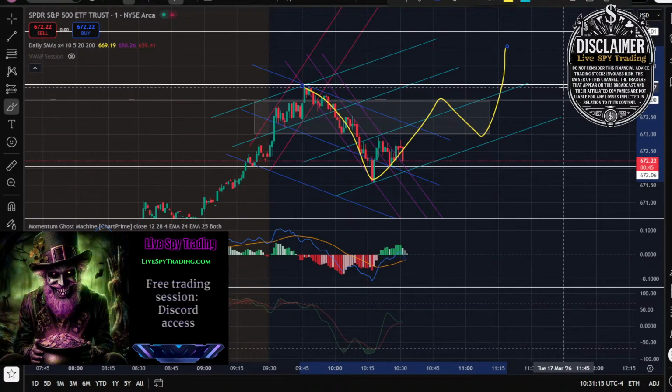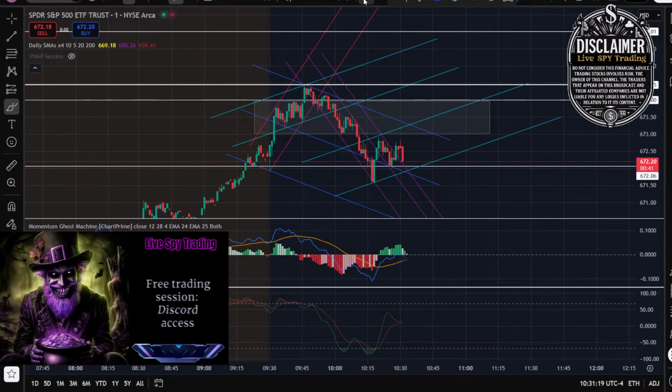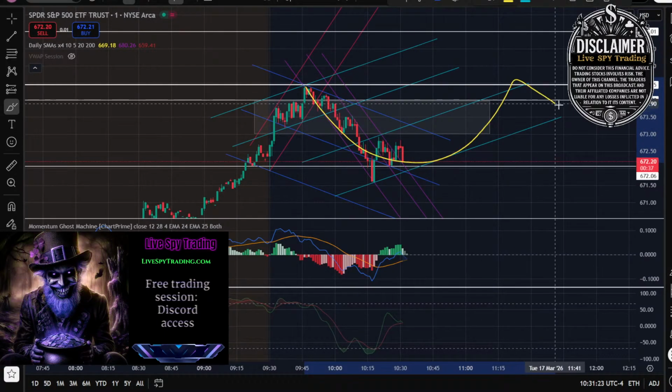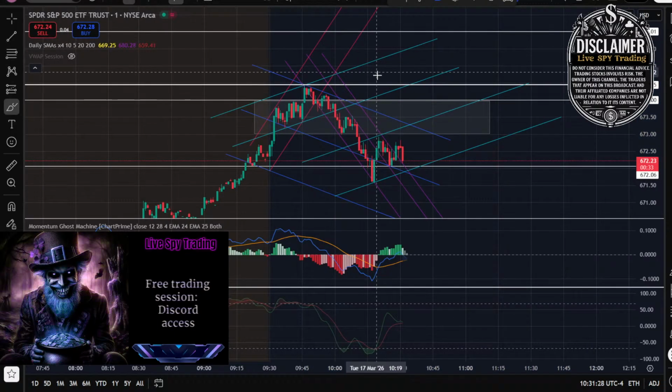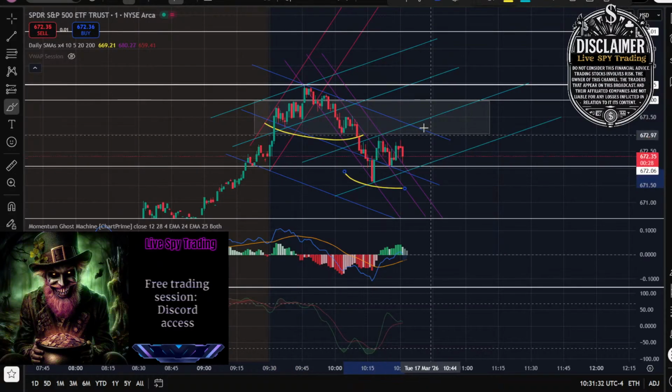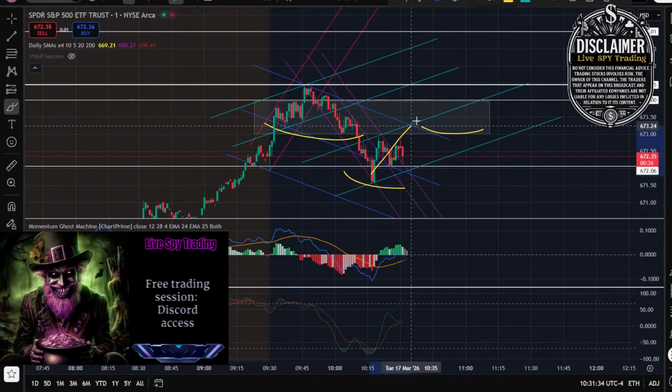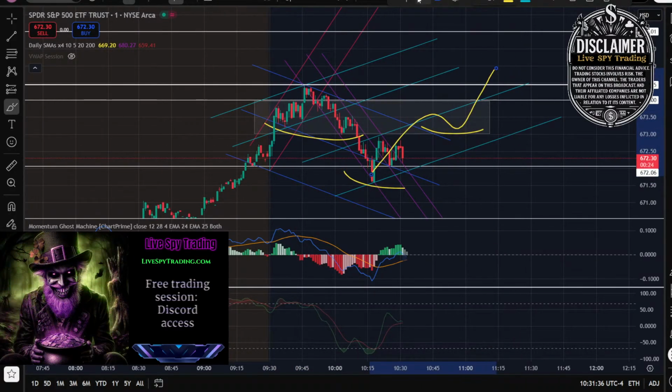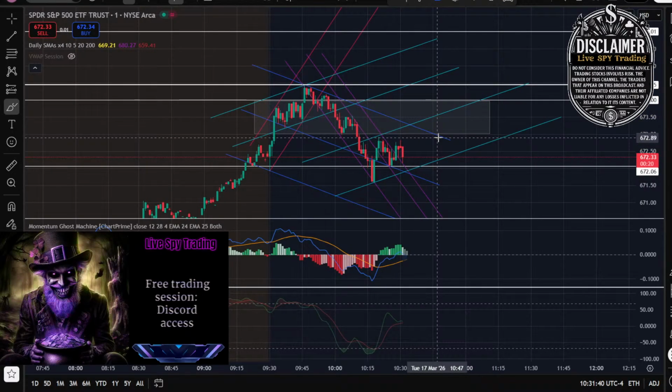This right here, that's one. That's two. That's three. So we have to look for these patterns if they want to continue up.